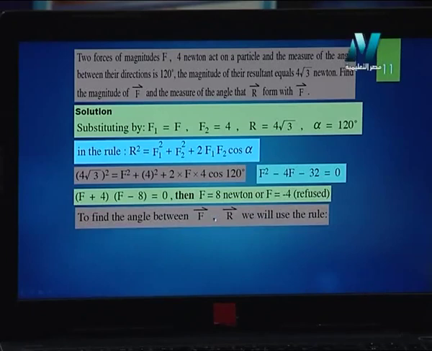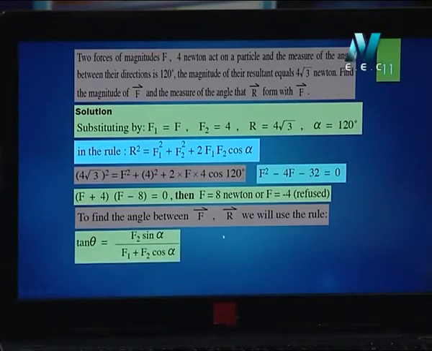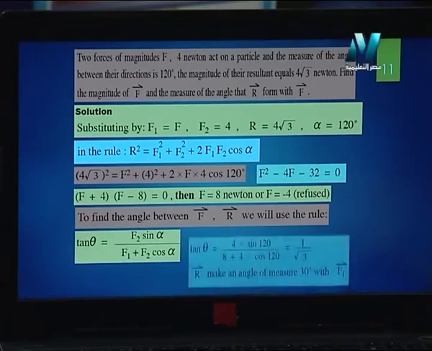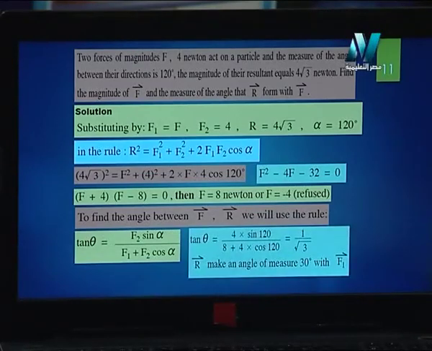To find the angle between F and R, we will use the rule tan theta equals F2 sine alpha over F1 plus F2 cosine alpha. Tan theta equals 4 multiplied by sine 120 over 8 plus 4 multiplied by cosine 120 degrees. The answer will be 1 over root 3.